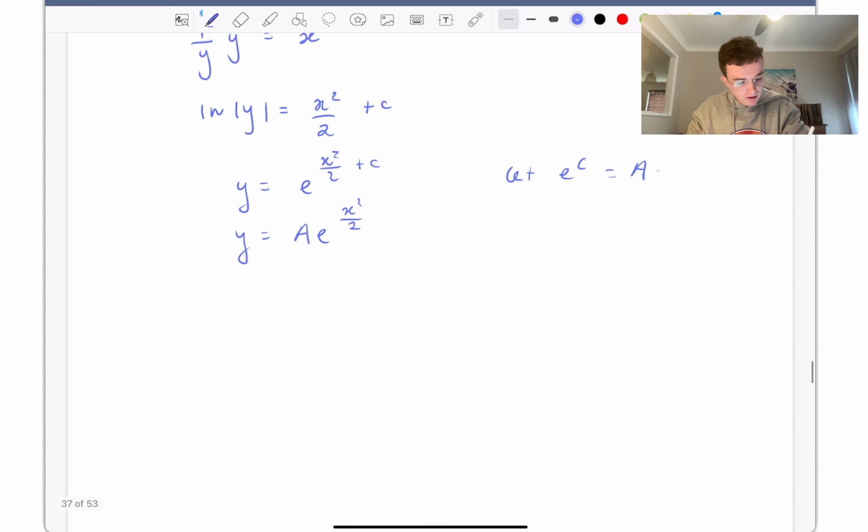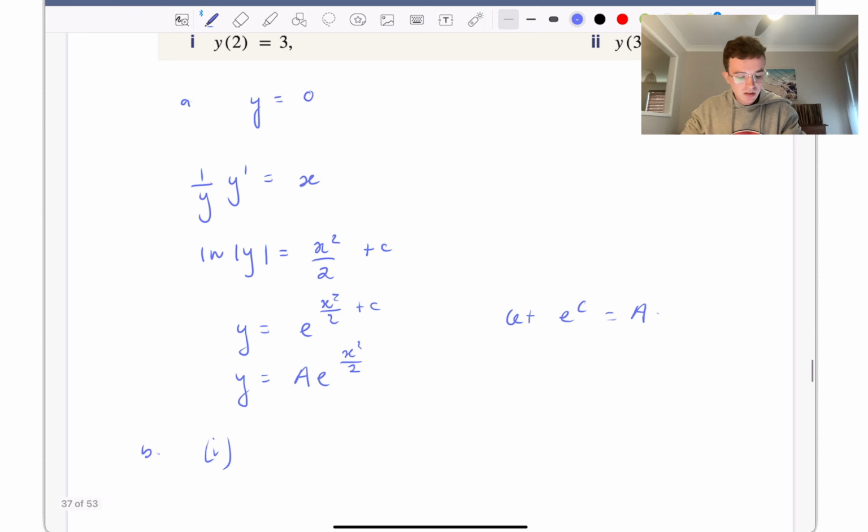Part B, part 1 asks us to find the particular solution through x is 2, y is 3. So 3 is equal to a e to the, we're putting in 2, so 2 squared on 2 is 2.